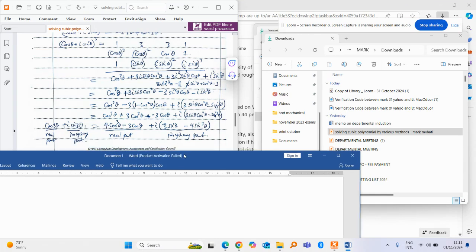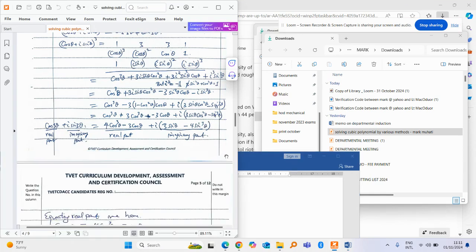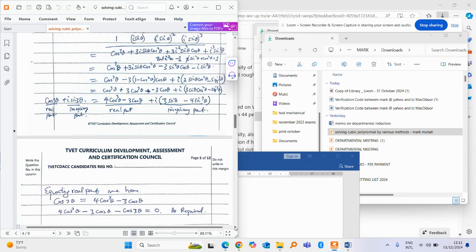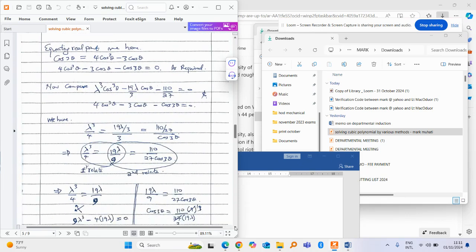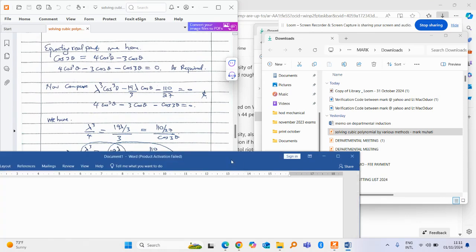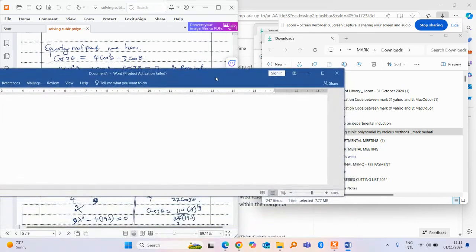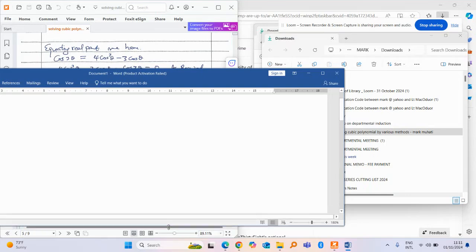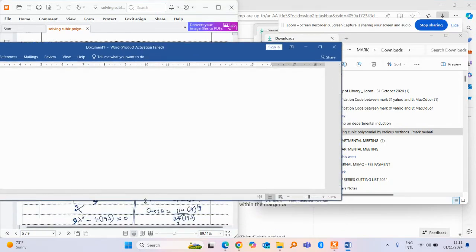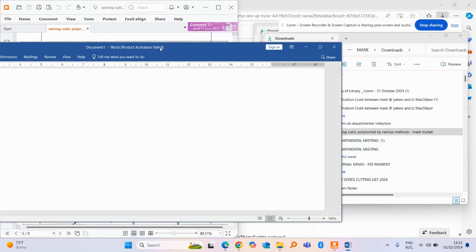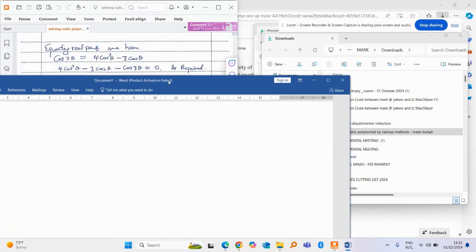So we're going to continue. We equate the real part of the complex number. So when we equate the real part of the complex number, as you can see there, that is 3 cos theta equals 4 cos cubed theta minus cos 3 theta.